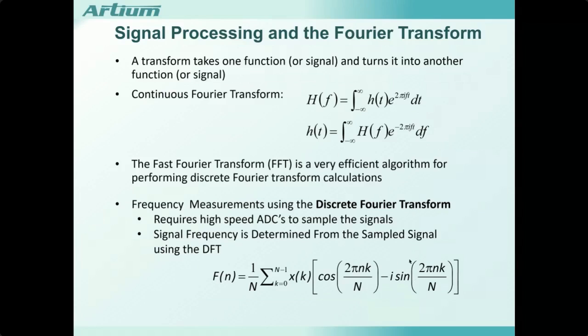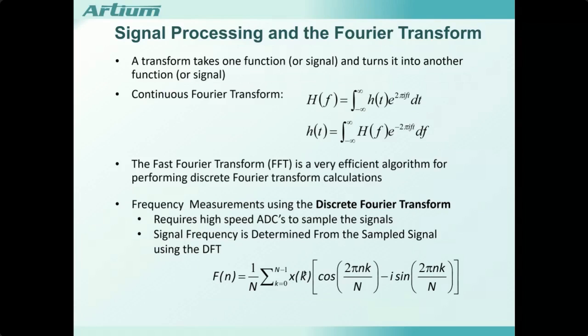Now that's a complex math process. The i here is the imaginary unit. i squared is -1 for those of you who are familiar with complex math.